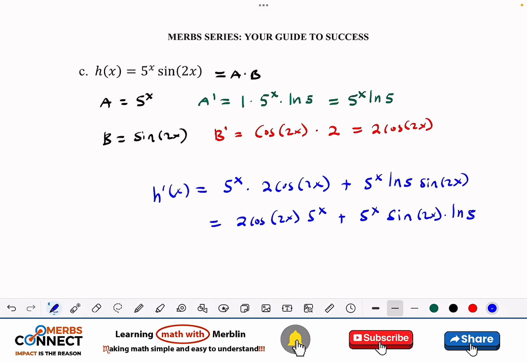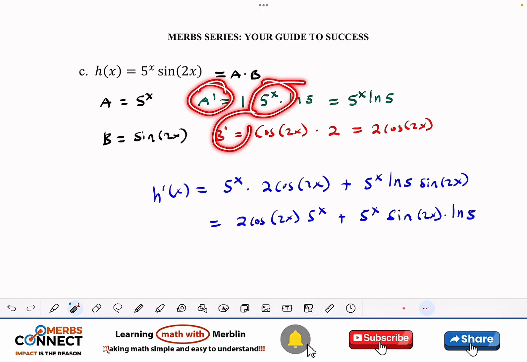So you see that because I know how to differentiate individual functions, for example, 5 to the power x and then sin 2x, knowing that this follows the product rule was not difficult, because knowing that I'm using the product rule is not just the final result, but how to differentiate the individual functions is also very important. So know how to do the process.